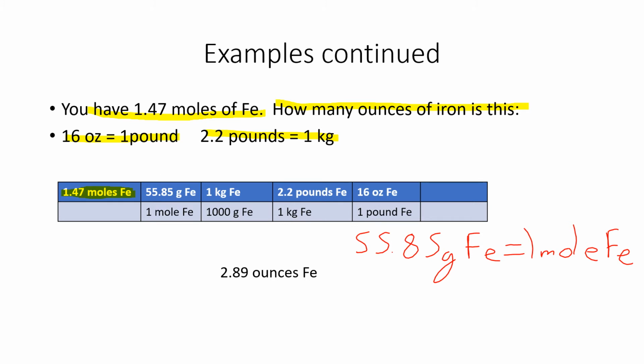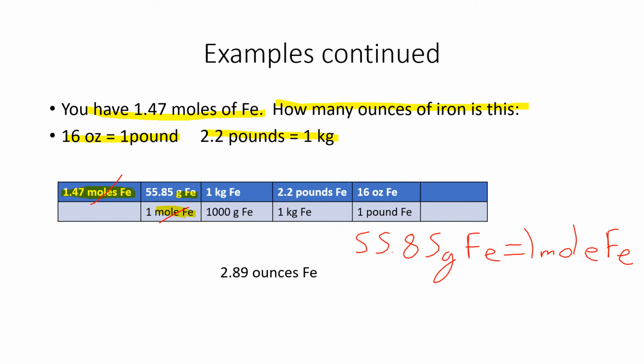And now, using the same techniques we've always done using dimensional analysis, we want units to cancel. Well, that means the mole part of that equality will go in the denominator in order to cancel with the moles that are starting in the numerator, and our grams will go in the numerator. That will allow the moles of iron to cancel. Now that we're at grams of iron, we're just going from grams to ounces.